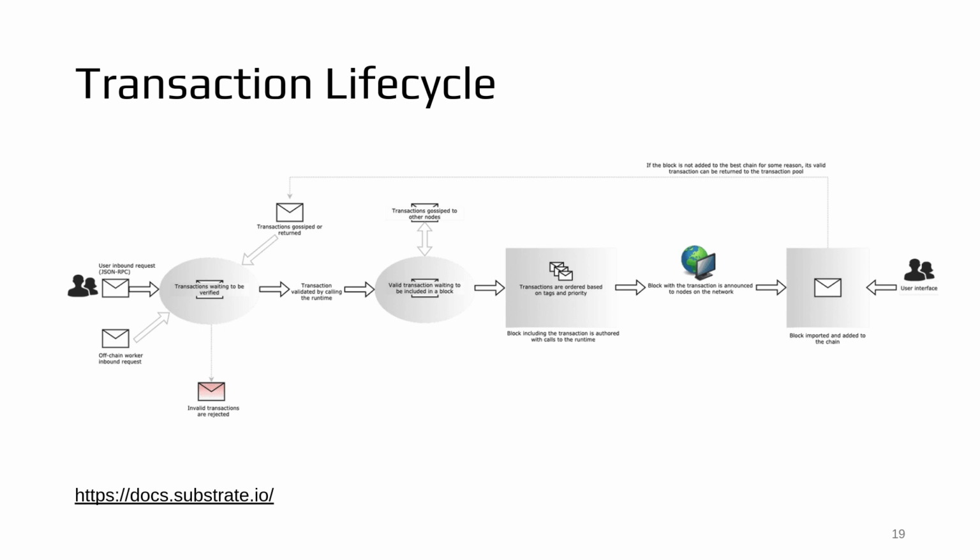Once it actually goes into a block, the transactions are ordered. You can specify priority for transactions in Substrate, so they can be ordered by priority, but they are primarily ordered by whether the transaction is inherent or not.